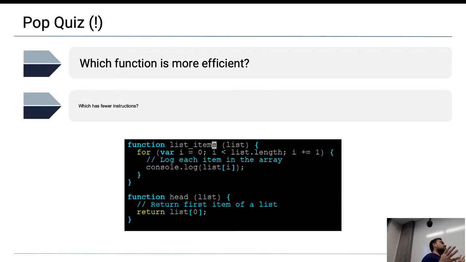But in the bigger scheme of things, that one instruction doesn't really make any difference. It's a good question. You remember how the loop is going to end. It's going to keep looping, and the last time it's going to compare, it's going to fail, and then it's going to come out. That's how you exit the loop. It's comparing this each time, and when the length is exceeded, it comes out of it. So that's one calculation.